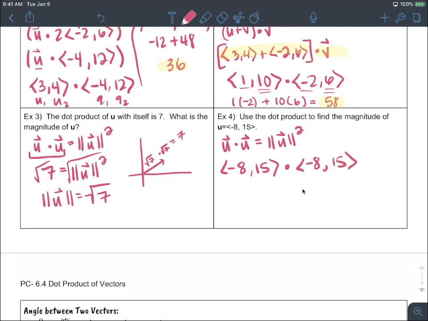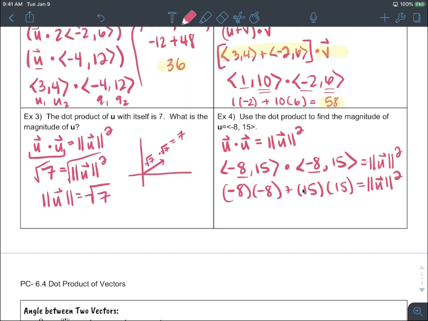This is, like I said, just another way. Okay, is equal to the magnitude of u squared. So how do we do a dot product here? Well, that would be -8 times -8, so the x's, plus the y's, 15 times 15, which is equal to the magnitude of u squared.